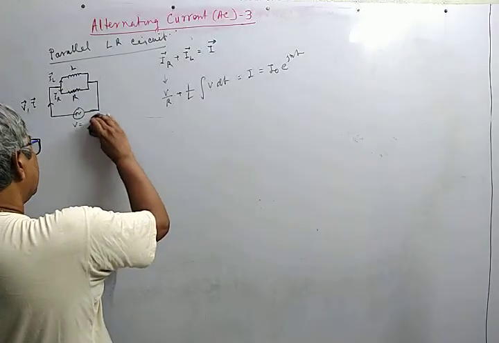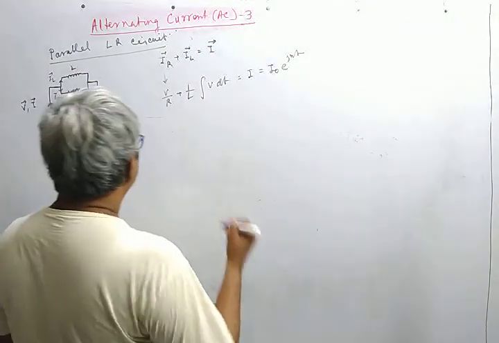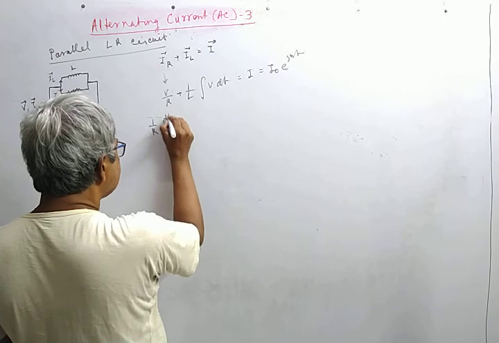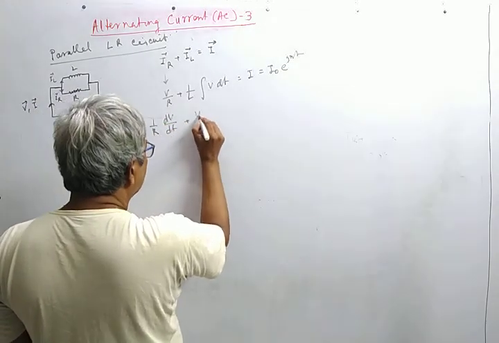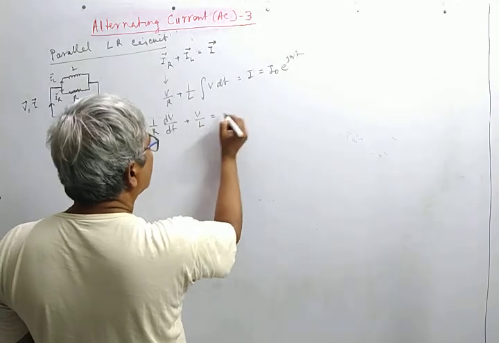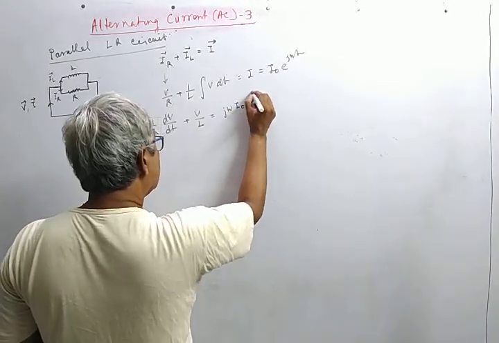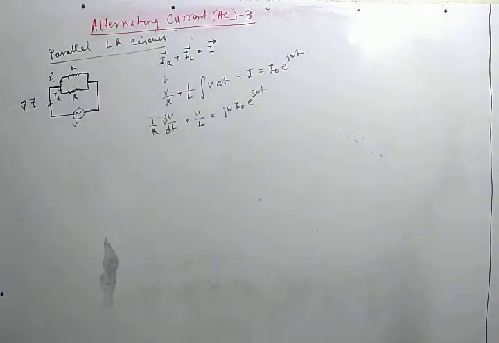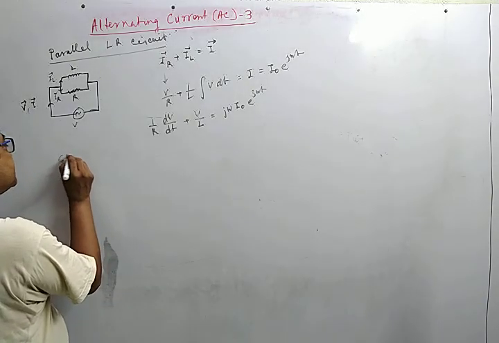This part may be confusing, so it is being supplied by this. We differentiate this, so we write it as the CF of this equation, the complementary function.